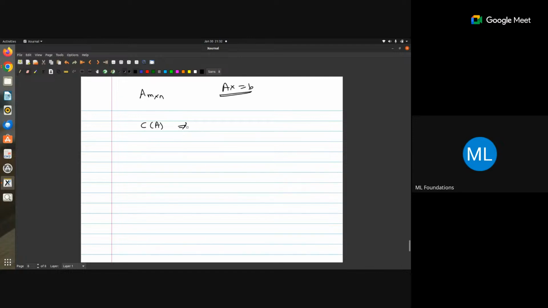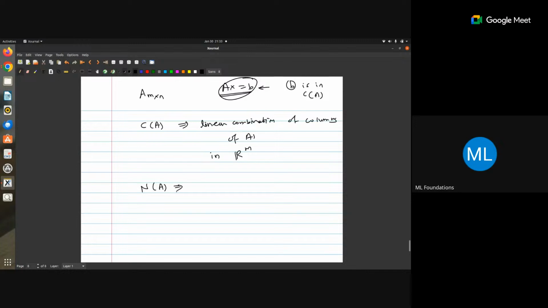This is solvable when the vector B is in the column space of A. I'll tell you about that. But this is a linear combination of the columns of A, and it's a subspace in R^m.